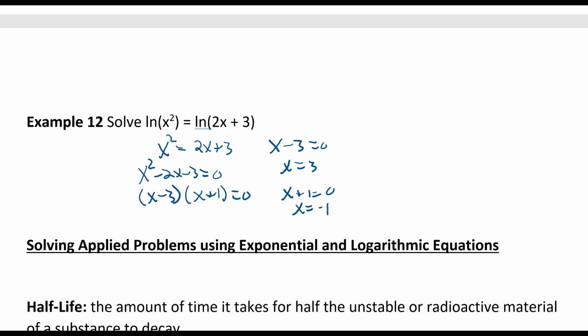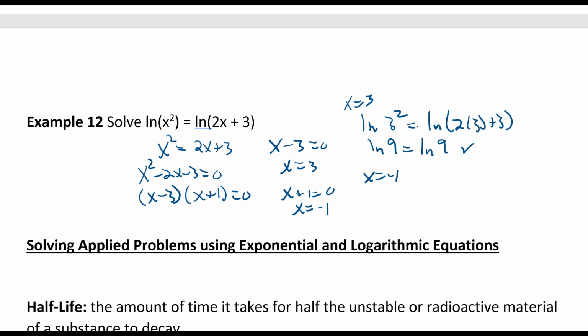Let's make sure that these both work in the original. Natural log of 3 squared, is that equal to the natural log of 2 times 3 plus 3? That's natural log of 9. Is that equal to the natural log of 6 plus 3, which is 9? So that works for x equals 3. And how about x equals negative 1?